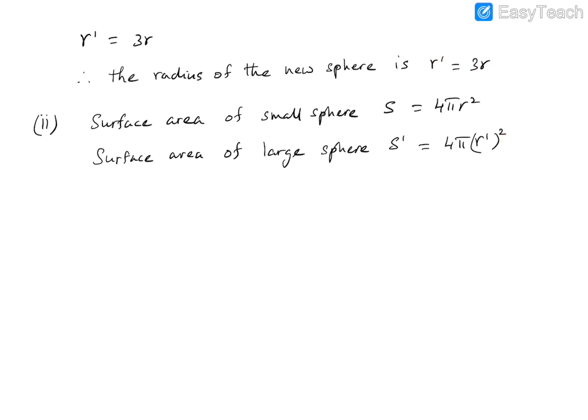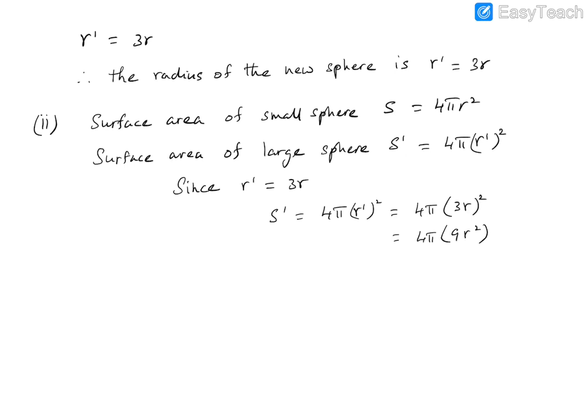But we know that r dash is 3 times r. So we can substitute the value of r dash. And so we write, since r dash equals 3r, we will get the surface area of the large sphere S dash as 4 pi r dash square, which is 4 pi into 3r square. So we get 4 pi into 9r square.